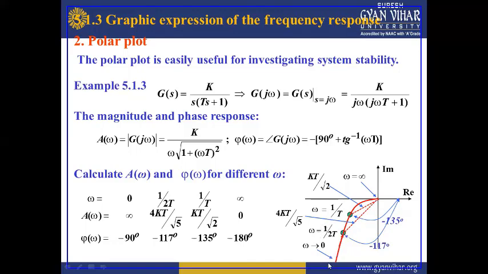So when we move from omega equal to 0 to omega equal to infinity, the gain is reduced.